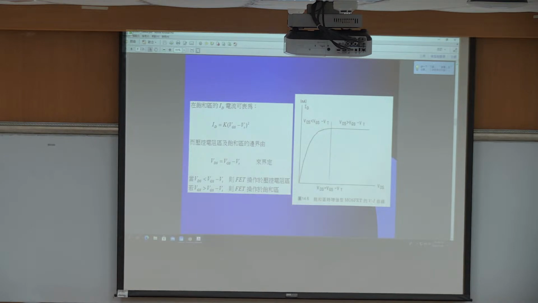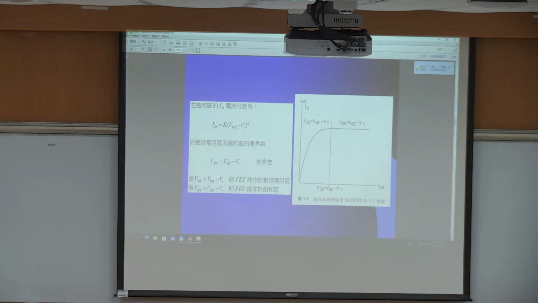So here is ID versus VDS. As we can see, the left-hand side is where the device operates in the triode region, and the larger the VDS, the larger the ID we get. Then it increases more slowly, and then it comes to the saturation region, and the current ID is maintained at a constant value.